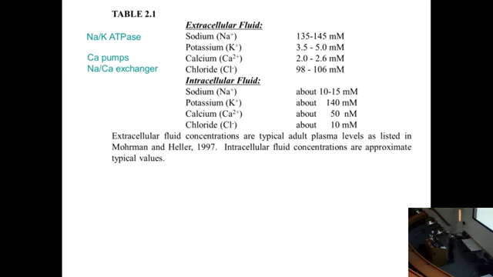And that is what we call the normal forward mode of the exchanger, okay? It is a reversible process. It is debatable about whether it actually ever operates in reverse. But for sure, you should remember that it pumps calcium out, okay?